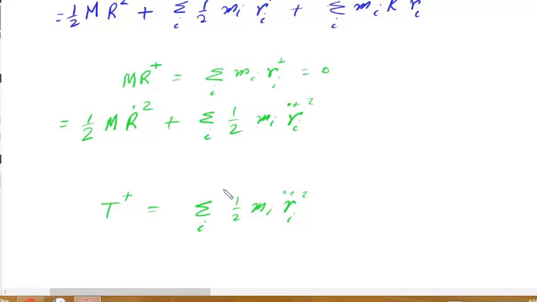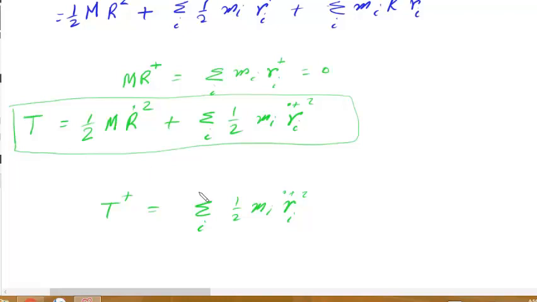Any parameter can be obtained from those in the center of mass frame, adding the contribution of a particle of mass capital M located at the center of mass position R. This is the kinetic energy, and it is similar for the angular momentum as well as for the momentum. We can obtain equations like these.